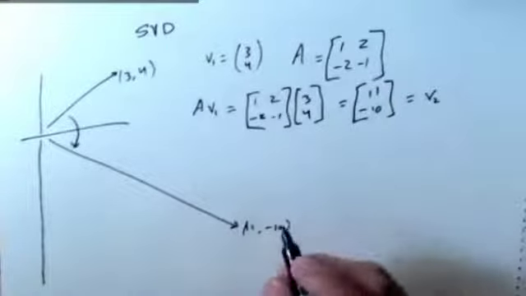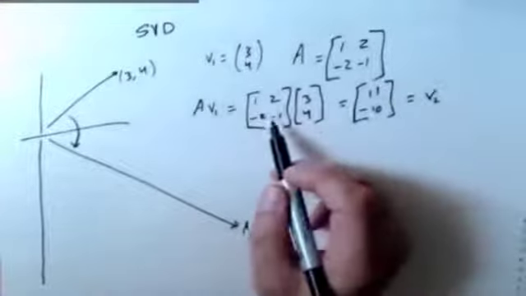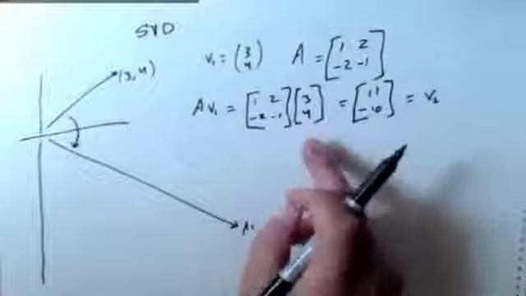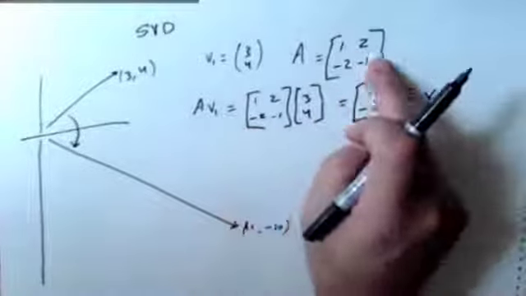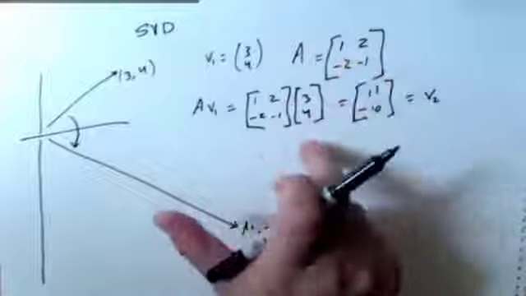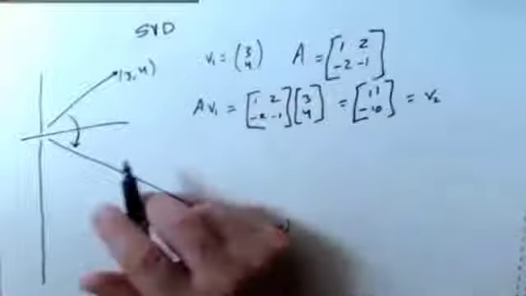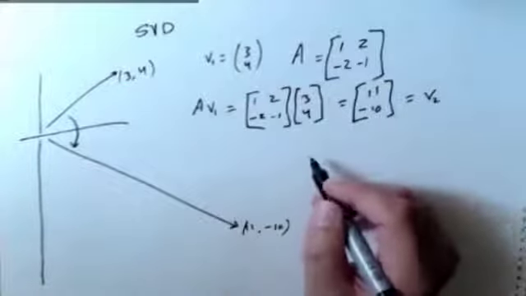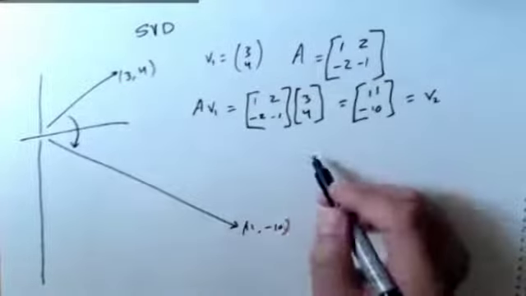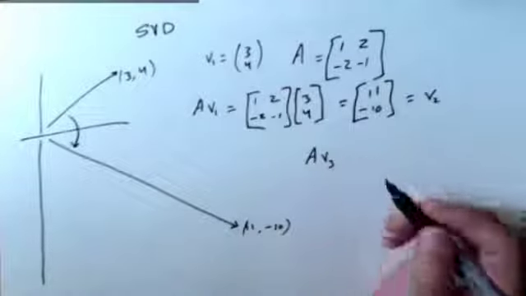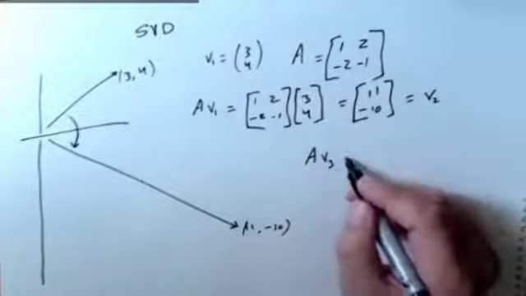However, there are certain vectors that, when you multiply them with your original matrix A, don't get rotated, they only get stretched in the same direction. So they maintain their direction. For example, let's say V3 is such a vector.